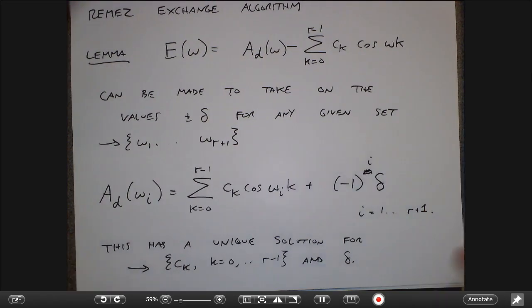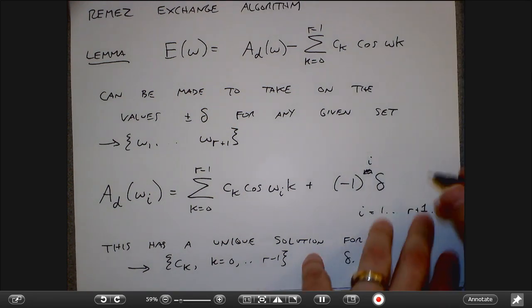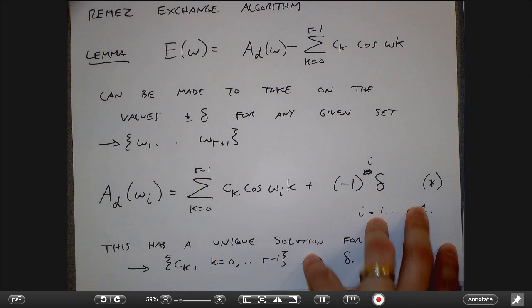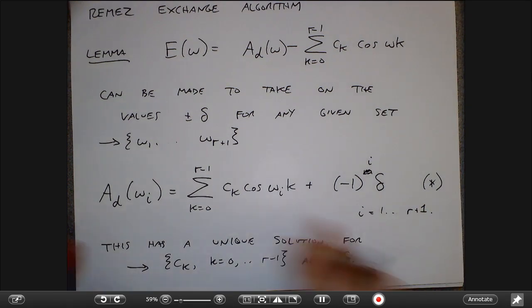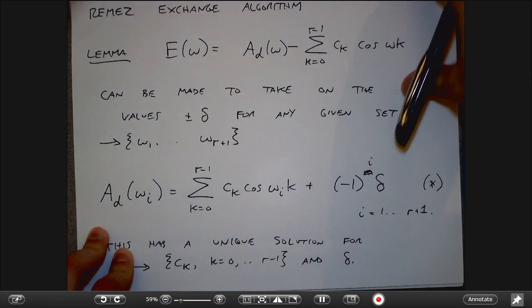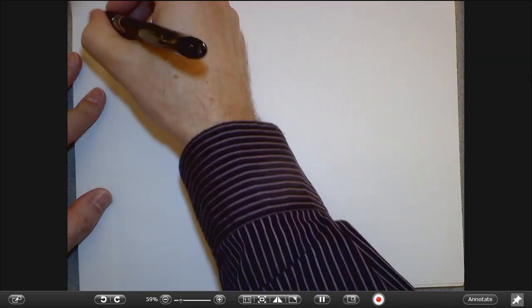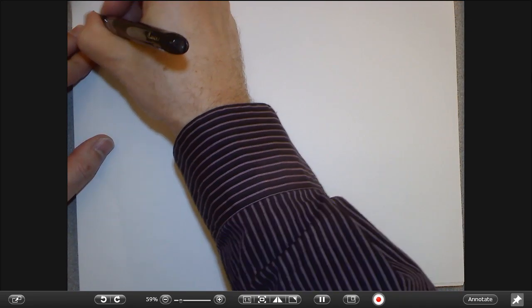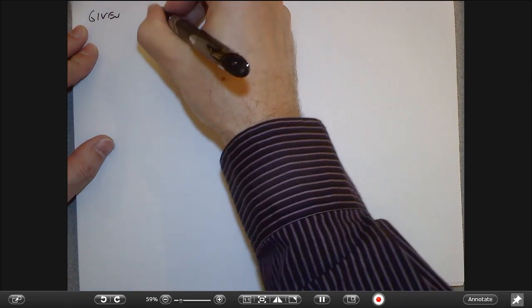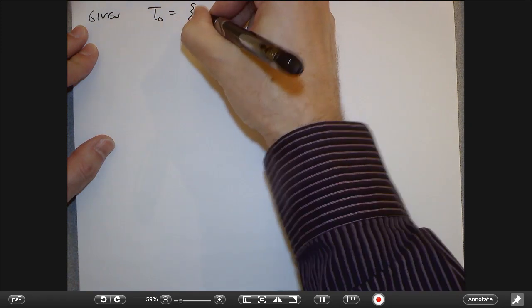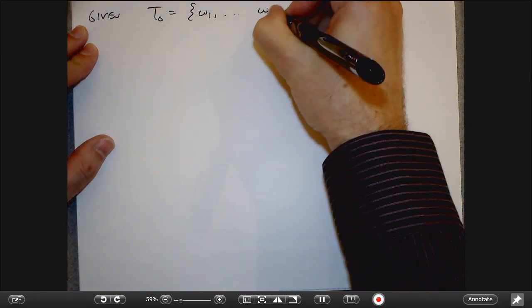Okay, and so here's how the Remez exchange algorithm works. I'm going to give this little guy an asterisk to remind myself this is a thing I can solve. First, I am given a set of initial guesses for the extremal frequencies.